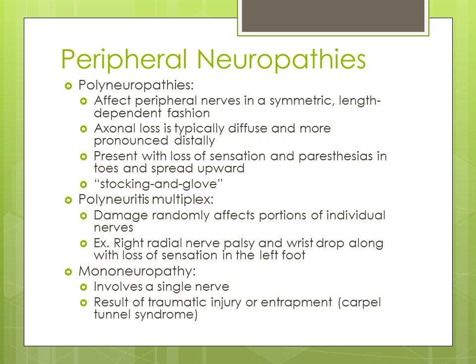So they're going to present on both sides of the body, and they're going to affect similar lengths of the nerves on both sides. So it'll be a very symmetrical pattern, and this will have axonal loss, and it's going to be more pronounced distally.